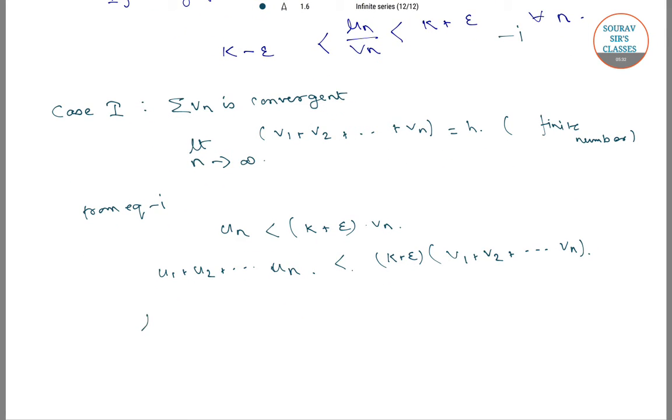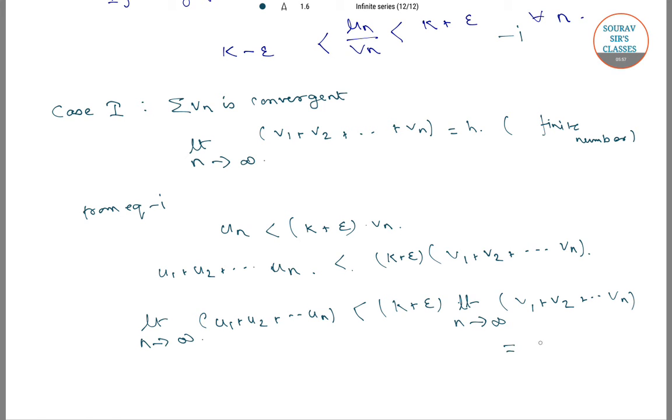Then limit n tends to infinity u1 plus u2 plus so on till un is less than k plus epsilon into limit n tends to infinity v1 plus v2 plus so on till vn, which is equal to k plus epsilon into h.